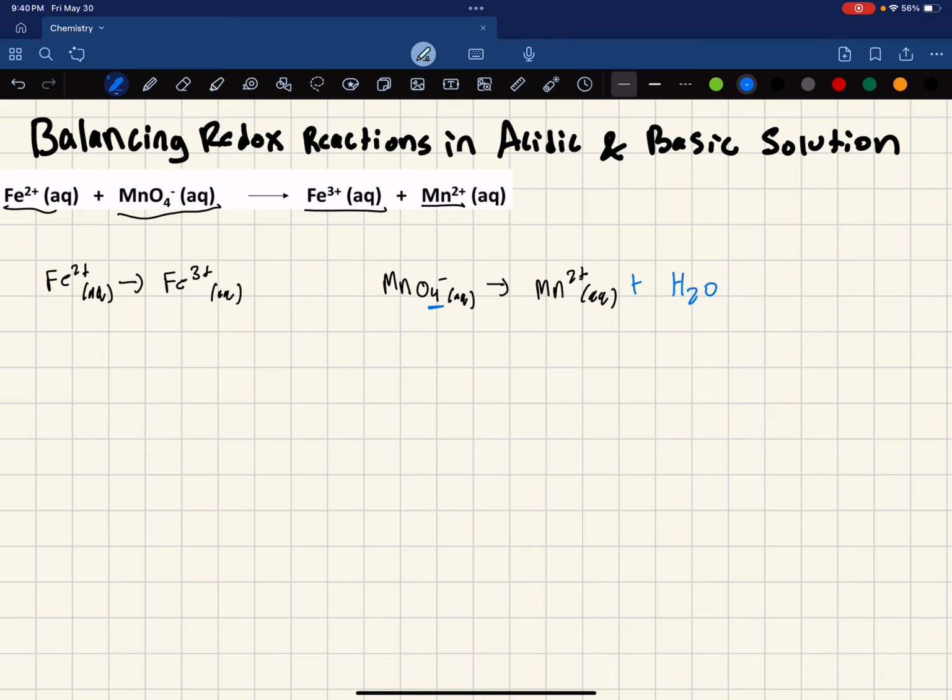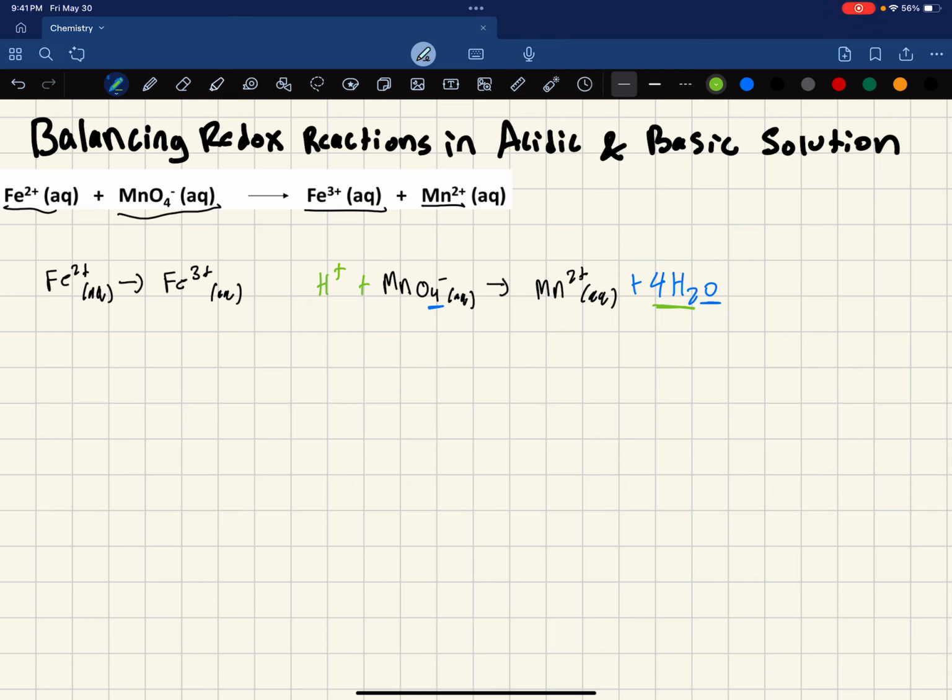However, there's four oxygens here, and only 1 here, so we need 4 oxygens. Now, I know it's confusing because we now have 8 hydrogens on this side and none here. So what we do is add protons to this side to balance.